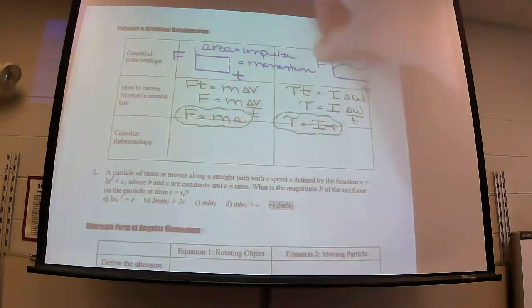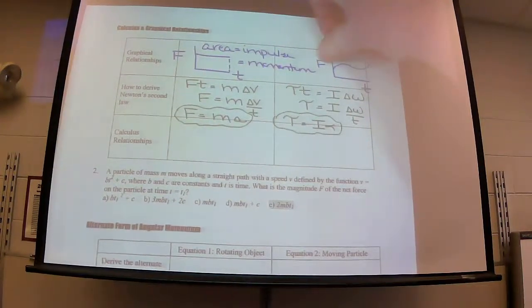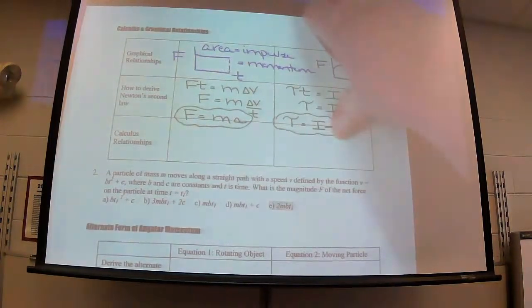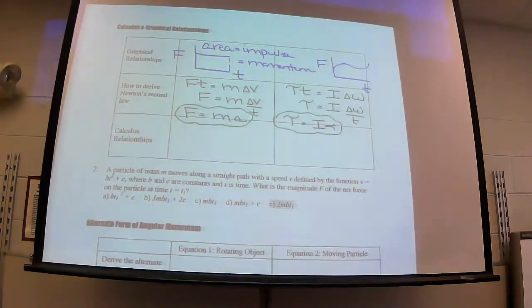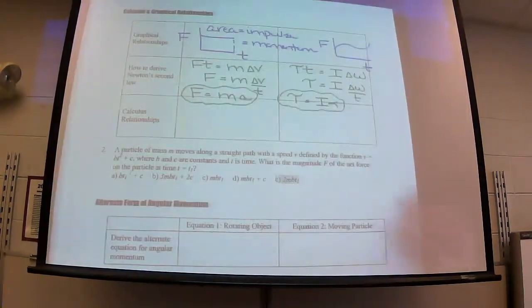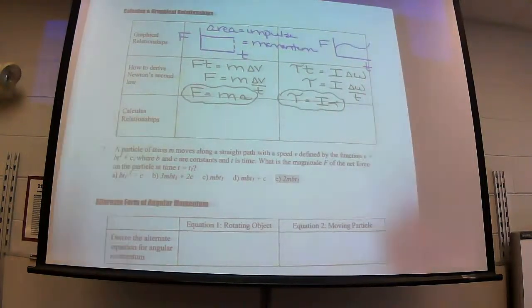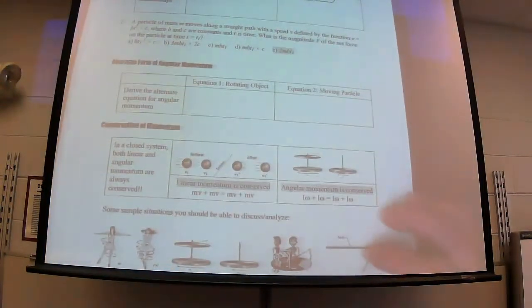So if someone gave you the force and you took the derivative, you could get the impulse or the momentum. All right. So we just have to expand that a little bit. So we'll save that for another day. We'll come back to this, and therefore we'll come back to this. All right. I'm moving on.